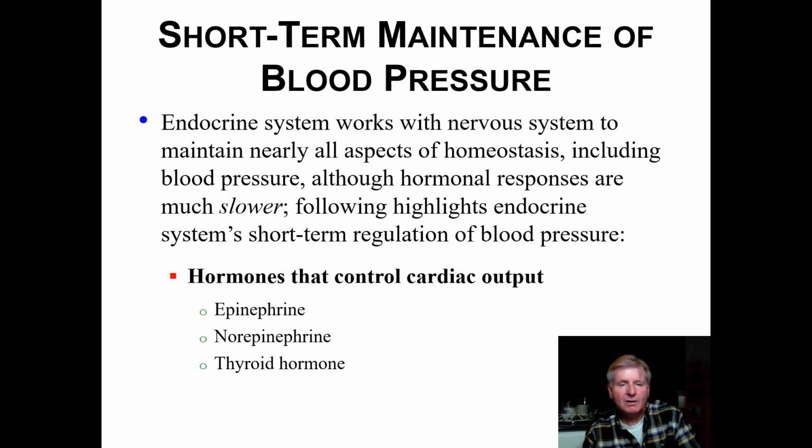So your endocrine system will work with your nervous system, okay, to maintain all aspects of homeostasis, including blood pressure. Even though your hormone response is much slower, let's look at some of the endocrine system short-term regulation of blood pressure. Hormones that control cardiac output are epinephrine, norepinephrine, and thyroid hormone.